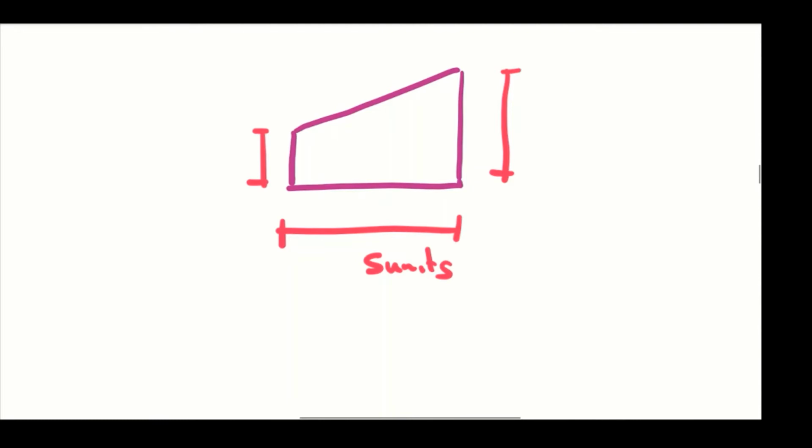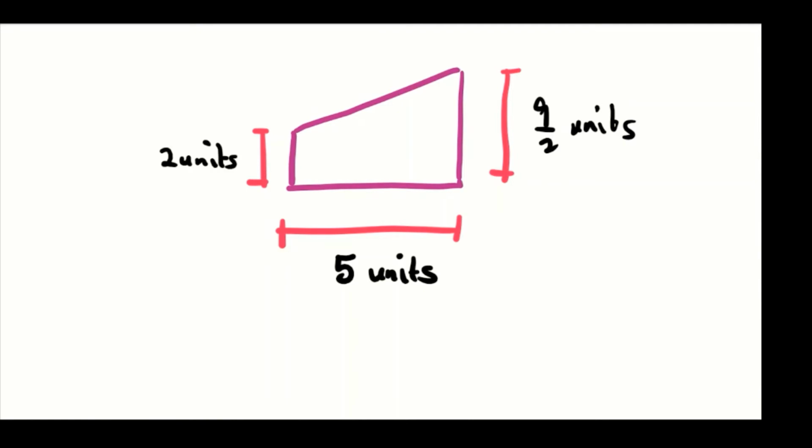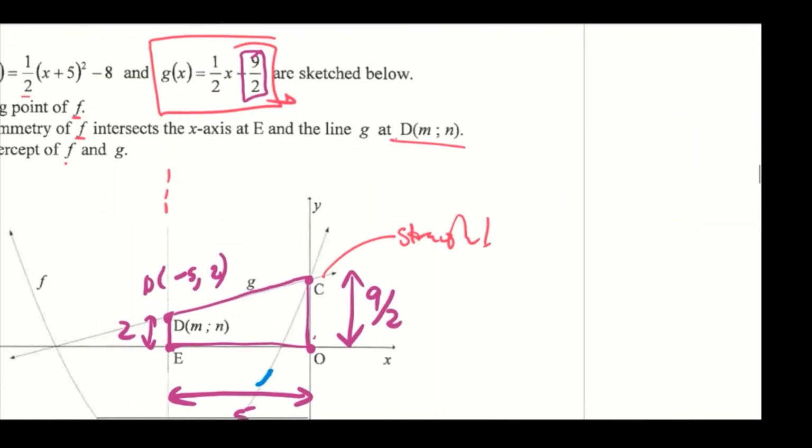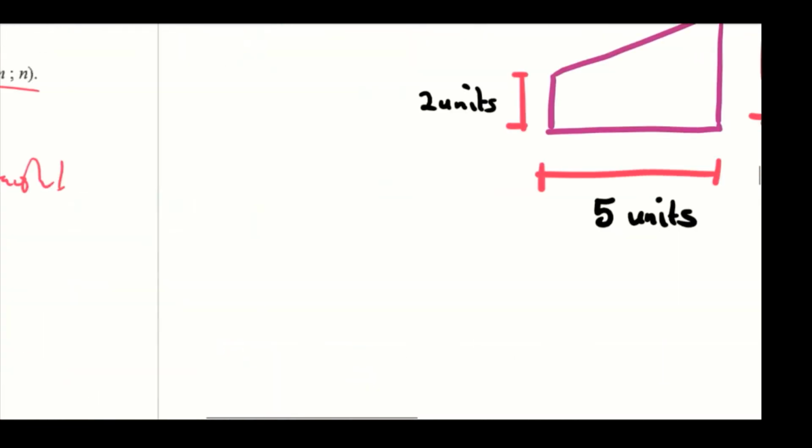Let me write it nicely. So this is 5 units, and this is 9 over 2 units, and this is 2 units, right? So let me just confirm. Yes, looking at the diagram, yes.